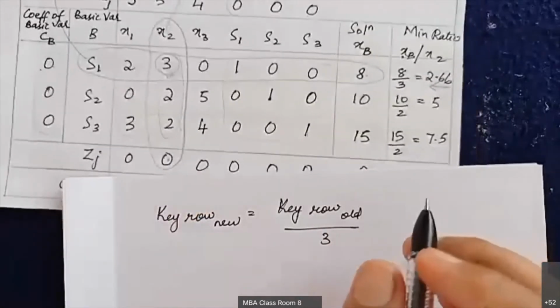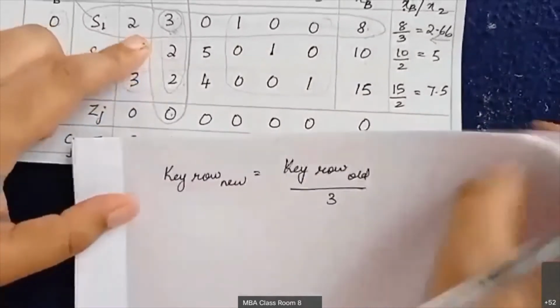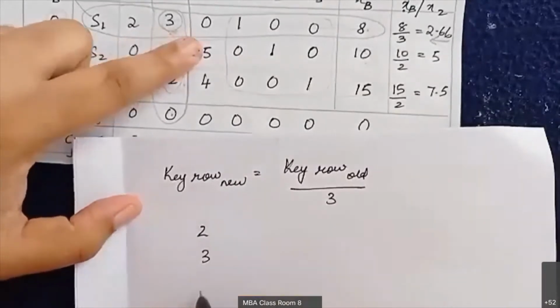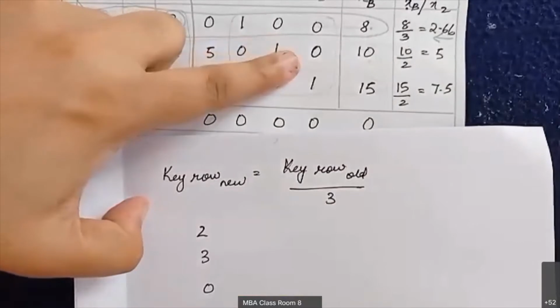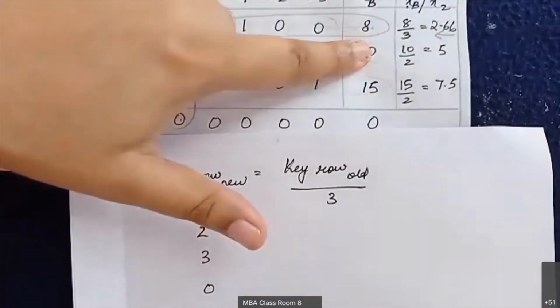Now tell me what are the elements in the key row? 2, 3, 0, 1, 0, 0 and 8. These are the numbers in the key row.